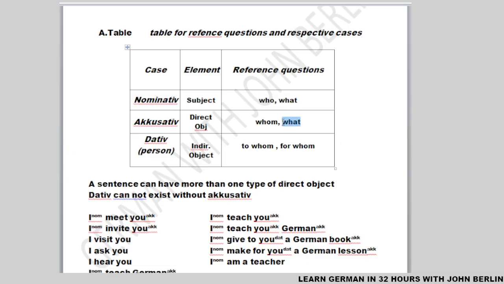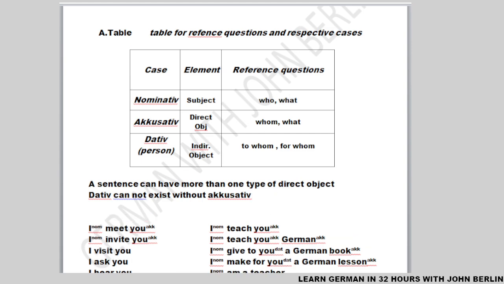I cannot use this what, because this what is meant for the direct object. But if you look closely, I and teacher are both the same person. So basically, I is equal to the teacher. So if I is the subject, teacher is also the subject. So we need to treat teacher in this case like the subject.